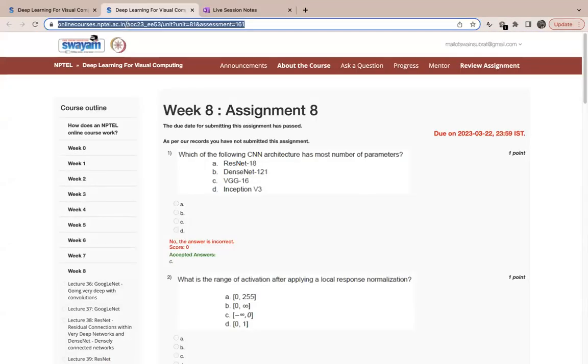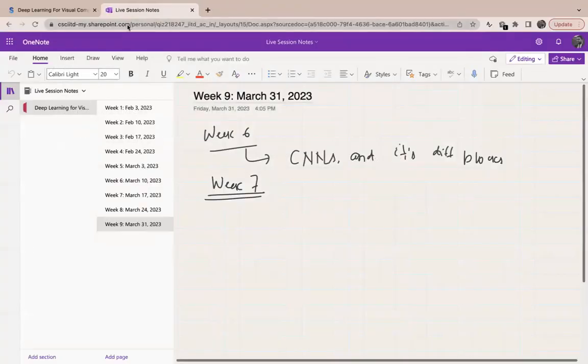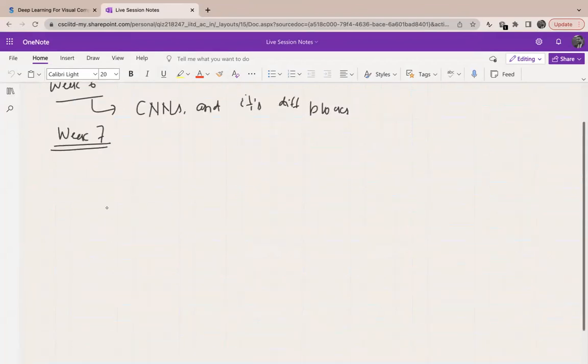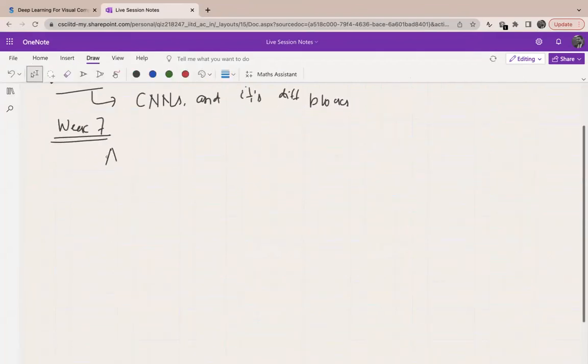As we know, AlexNet is one of the first CNNs that was proposed, and before that, LeNet was proposed.